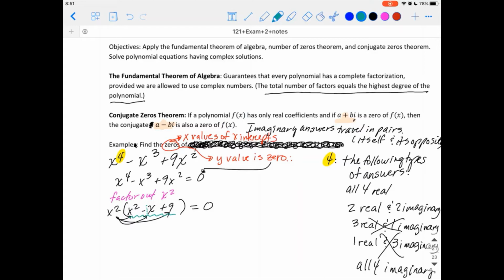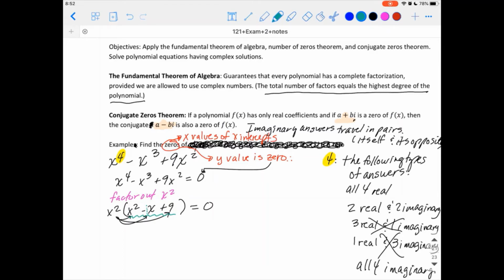So either they're just ugly numbers, decimals or square roots or irrational numbers, or, like we just confirmed graphically, they are imaginary. So if we can't guess and check, we're going to use the quadratic formula.